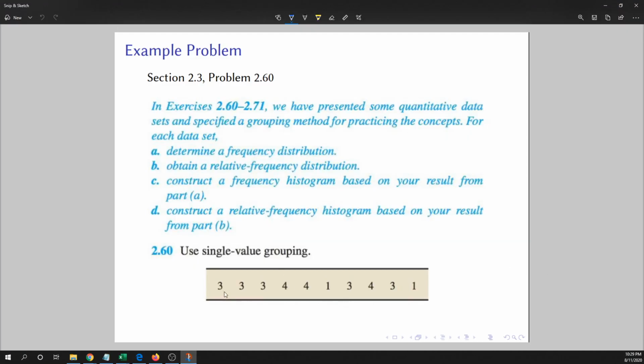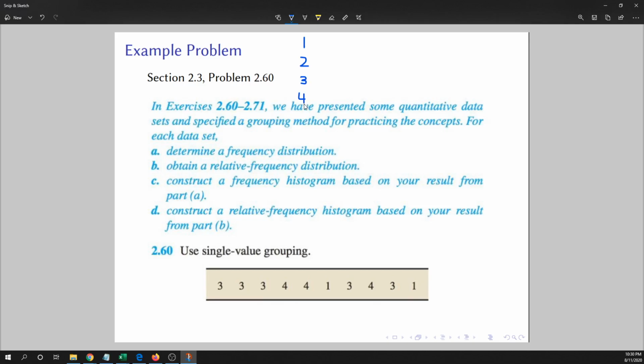If we're going to use single value grouping, we treat each of these numbers as its own class. Starting off, we have 1 as a value. Then we don't have 2, but we have 3. I'm going to go ahead and write the 2 there, and then 3 and 4.